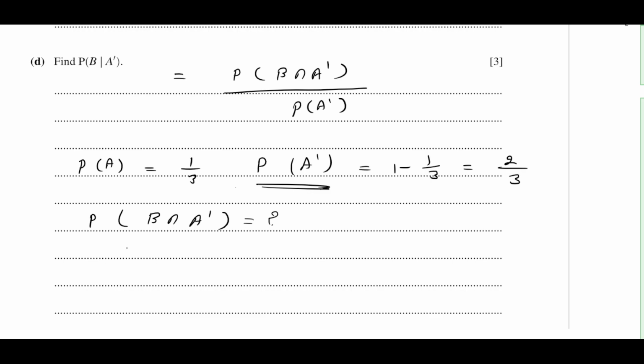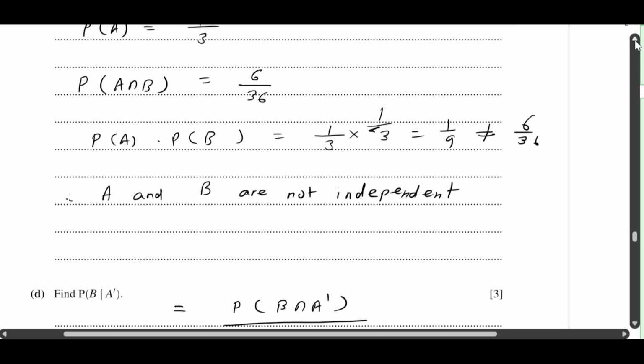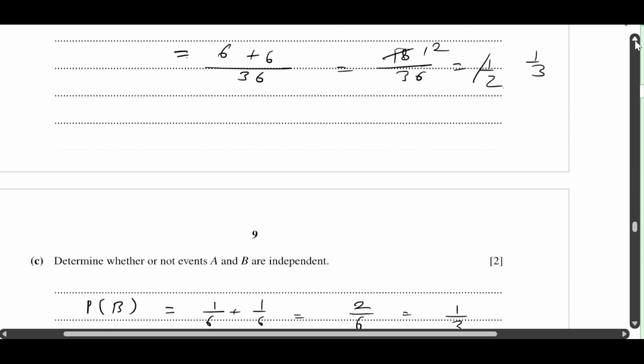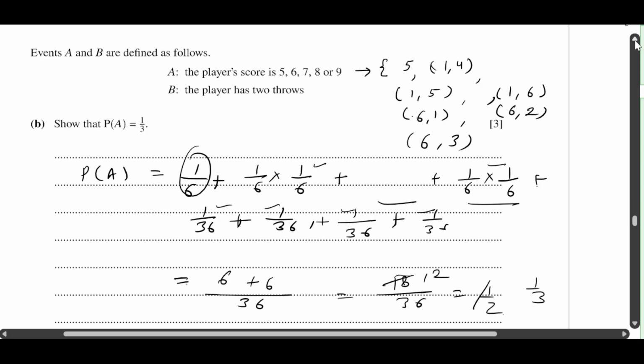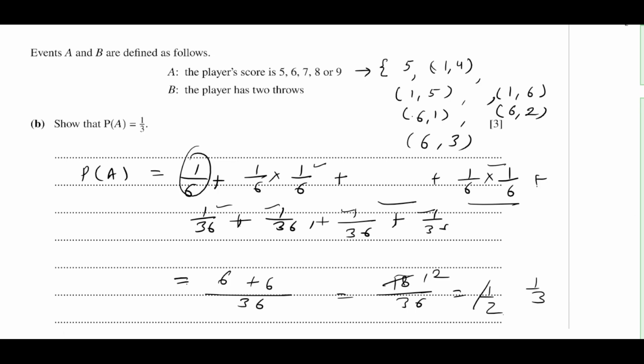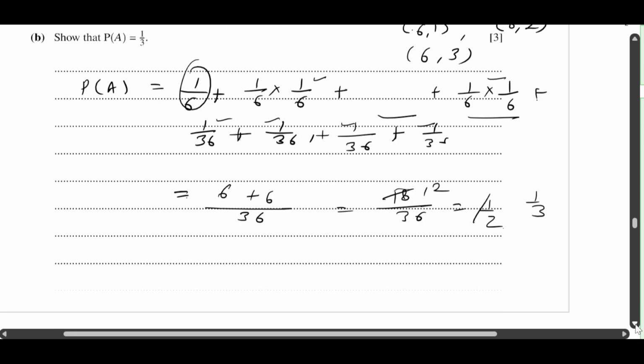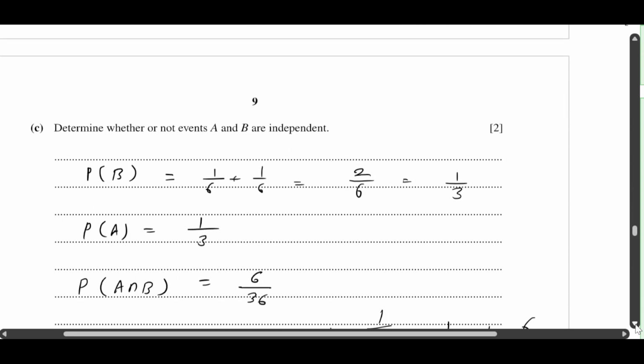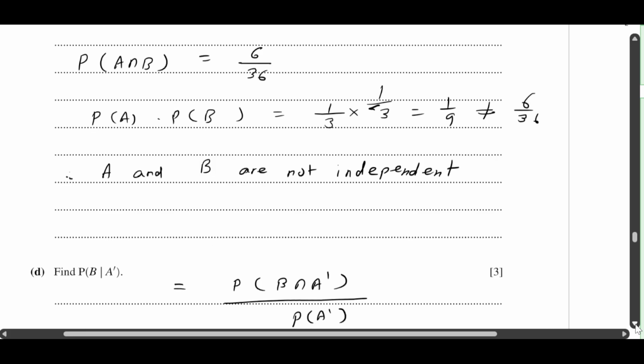Now B intersection A complement means I have 1 comma 1, because when I get 1 in the first roll, then I will get another chance. Now in the other chance I should get 1. In A it is given 5, 6, 7, 8, 9. So apart from 5, 6, 7, 8, 9, it means 2, 3, 4.